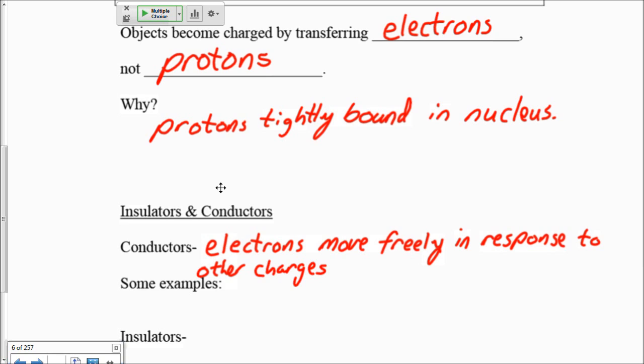So for example, in a conductor, if I bring a charge up next to another charge, that charge will move freely around inside the conductor. So if I bring a positive charge up next to a negative charge, the negative charge will move in the conductor up next to the positive charge. Or vice versa, if I bring a positive charge up next to a positive charge, it'll move away within that conductor. It's just a type of material where charges can move freely.